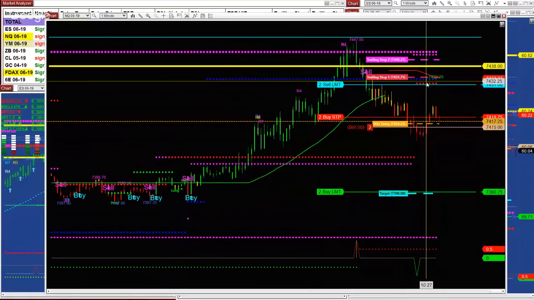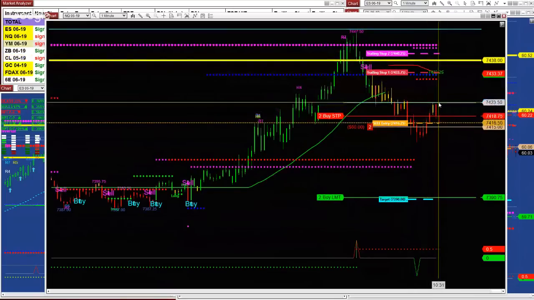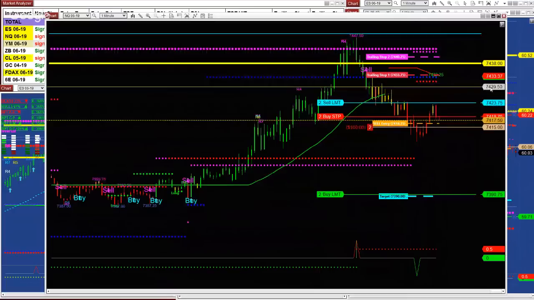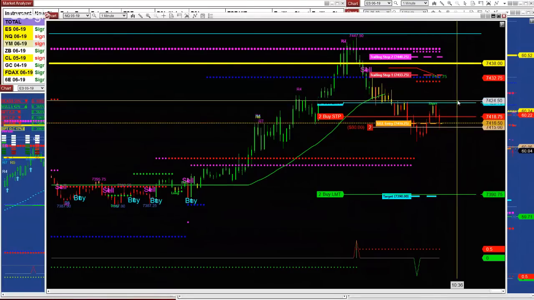Maybe I don't need to put the stop loss there; I'm maybe going to put it one tick above this area here. This should be enough. We don't need to invest too much money in stop losses. Or if you want to give it a little bit more, we can put it on that. Okay, there we go.